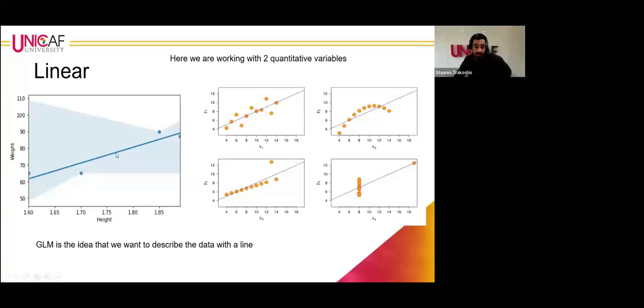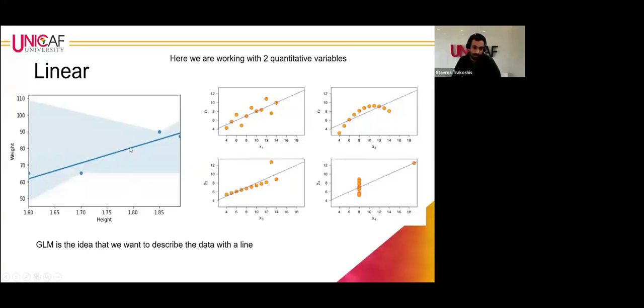So my model here is this line. For example, I don't have anyone who is 180 centimeters tall, but because the line covers this part of this two-dimensional plane, I can make a prediction of what the weight of this person might be. And to do this, I just go up from the height that I am interested in, which is 180 at this point, and I find the line, and then I go towards the y-axis.